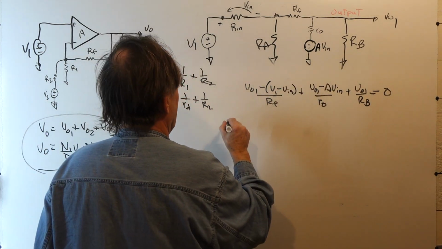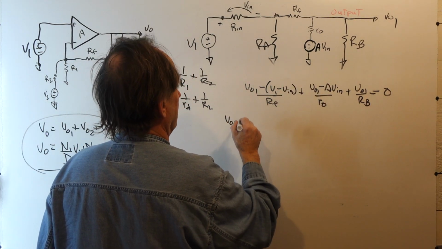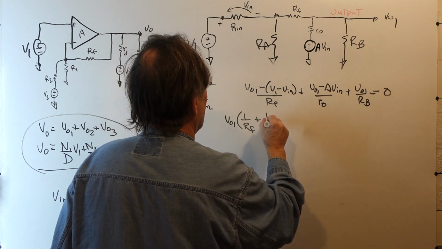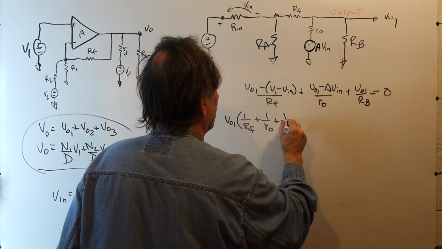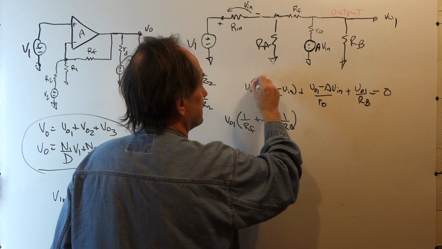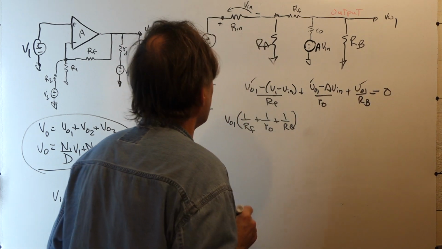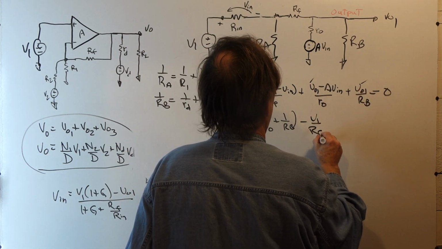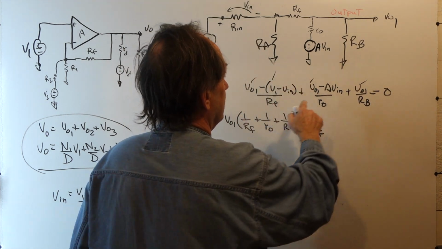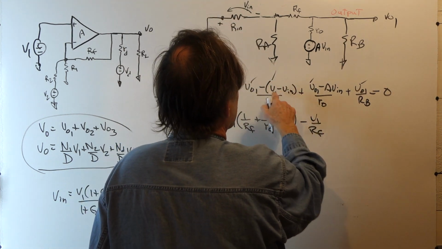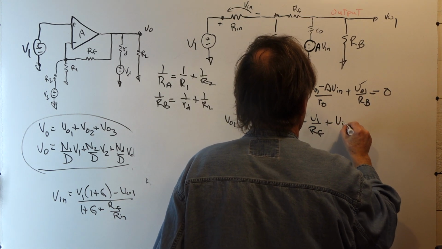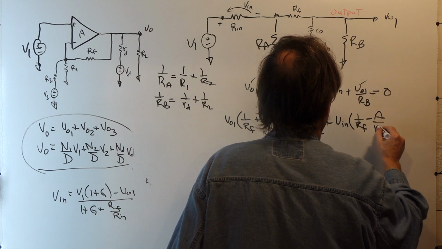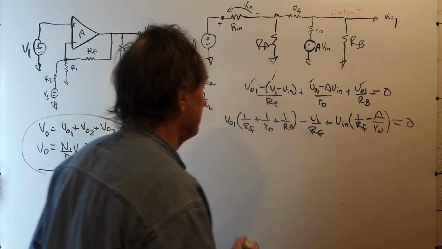Combining like terms, we have VO1 times 1 over RF plus 1 over R0 plus 1 over RB. That's that one, and that one. And then we have a minus V1 over RF for there. And then our Vn's, we have a minus minus, so a plus Vn times 1 over RF minus A over R0, and that's equal to 0.